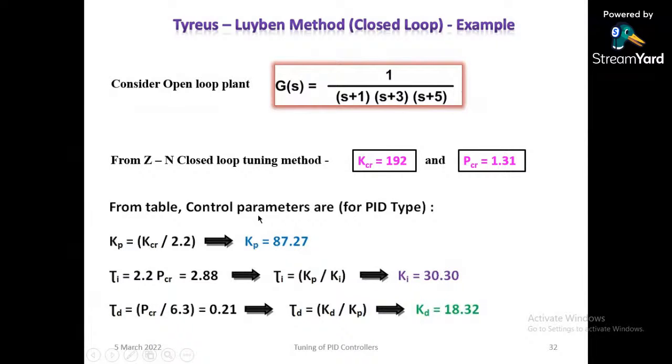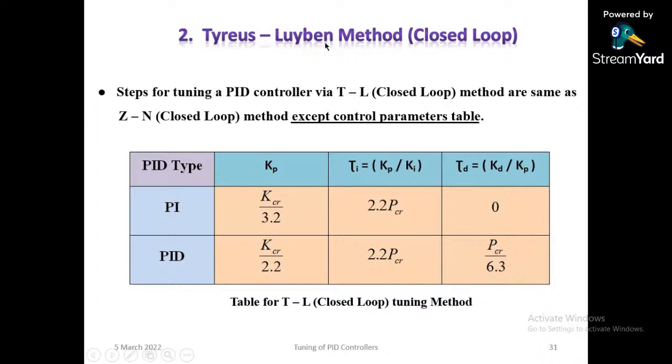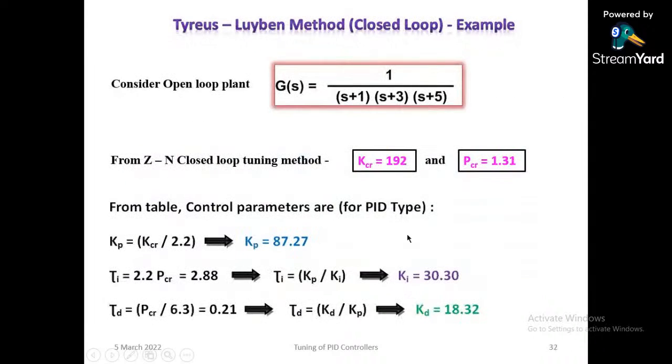From the table of Tyreus-Luyben, if I want to design a PID controller, I need to calculate KP. KP is given by what? KCR upon 2.2. Barabar? KCR upon 2.2. This is KP. Tau I is given by 2.2 times PCR. Tau D, PCR divided by 6.3. I am just using those values.